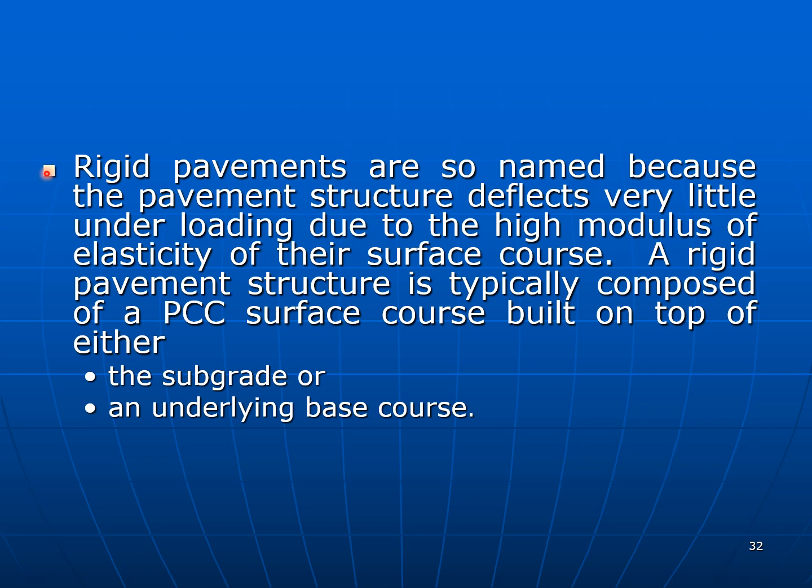Rigid pavements are so named because the pavement structure deflects very little under loading due to the high modulus of elasticity of their surface course. A rigid pavement structure is typically composed of a PCC surface course built on top of either the subgrade directly or an underlying base course.